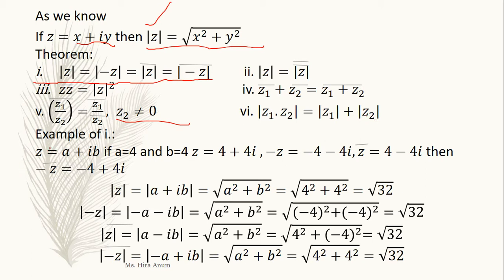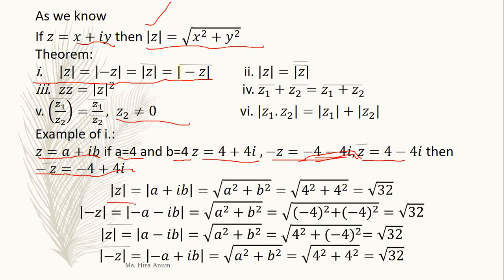Now we have to prove the first part of the theorem. If z equals a plus ib, with a equals 4 and b equals 4, then z becomes 4 plus 4i, minus z becomes minus 4 minus 4i, conjugate z becomes 4 minus 4i, and minus z conjugate equals minus 4 plus 4i, because we are taking the conjugate at this point.